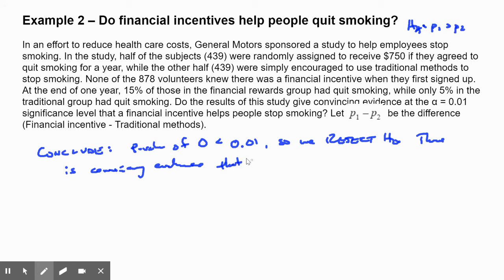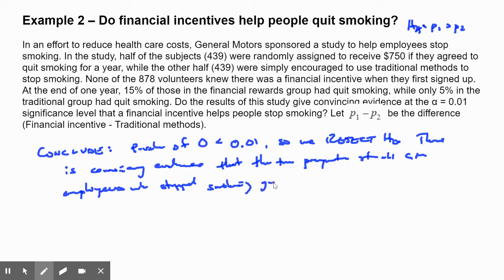There is convincing evidence that the true proportion, and this would all come from the stats, the true proportion of all GM employees who stopped smoking, given a financial incentive, is greater than.